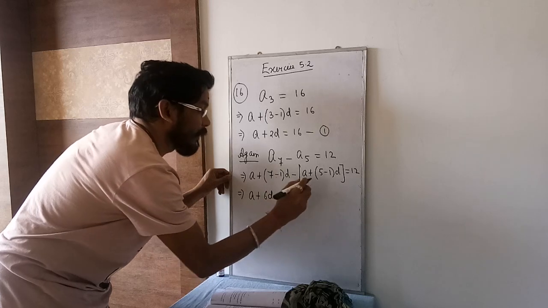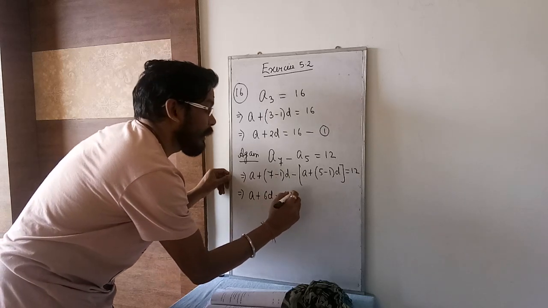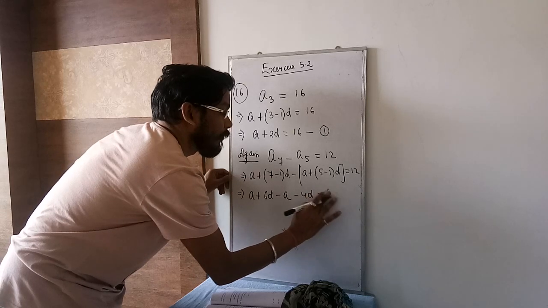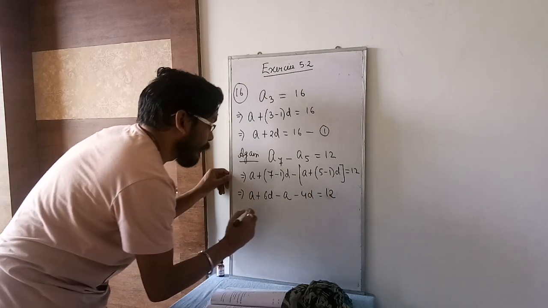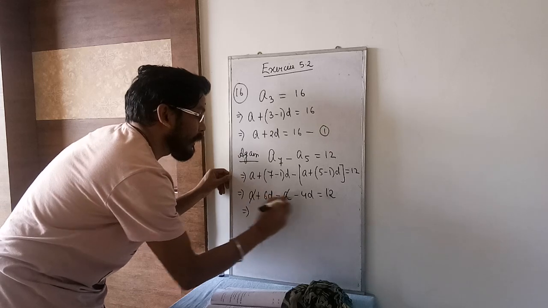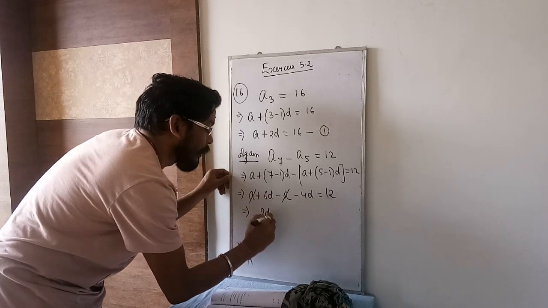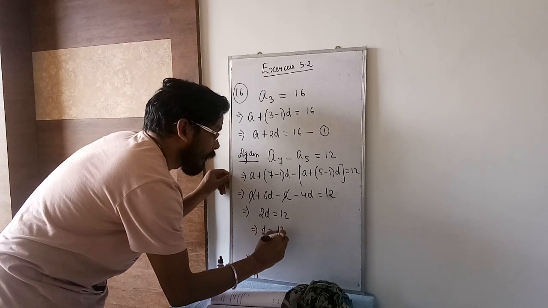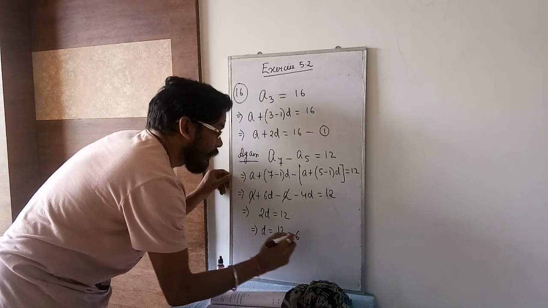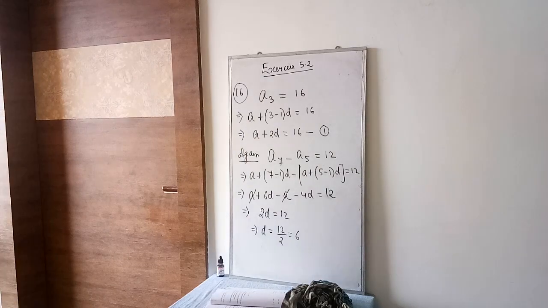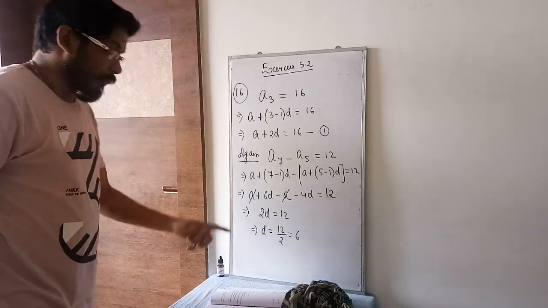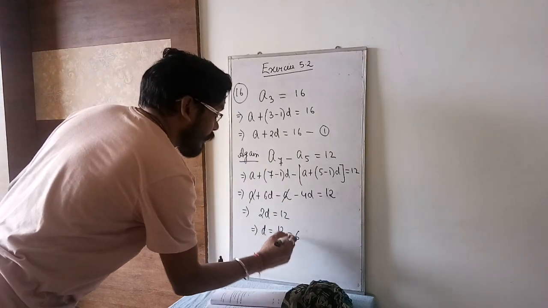If you remove the bracket, minus a minus 4d equals 12. So a minus a cancels, 6d minus 4d is 2d equals 12. So d equals 12 by 2, which is 6. Take the screenshot. So you got the common difference of the given AP.